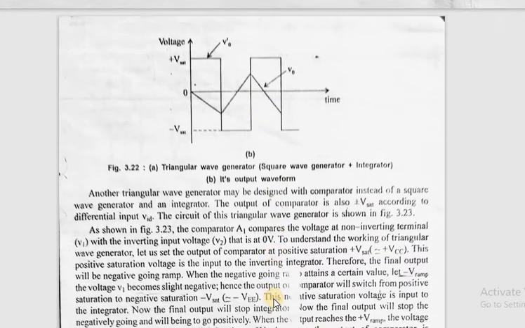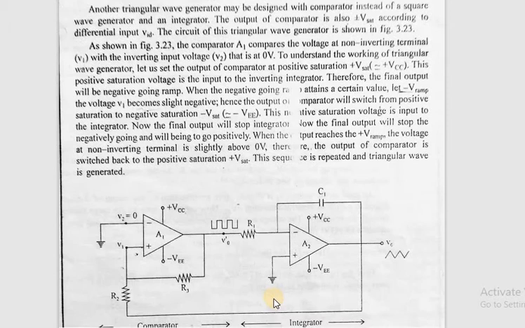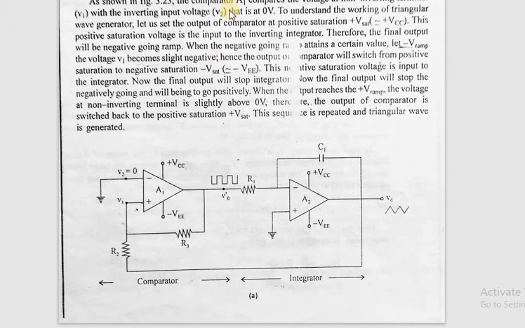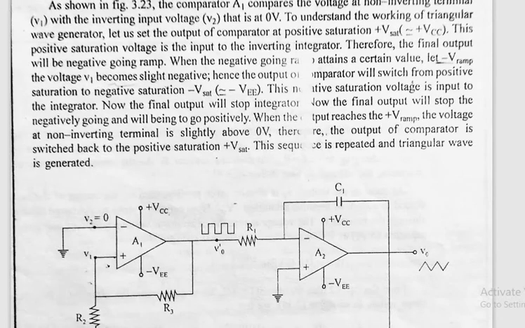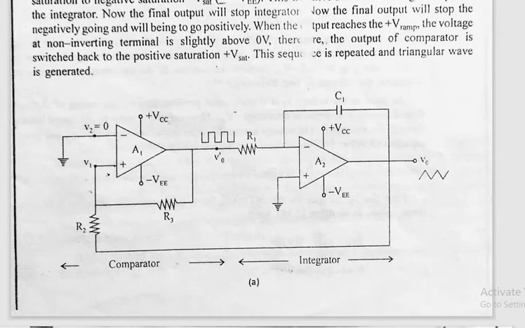Now this same thing can be obtained by using a comparator circuit also. See, this is the basic comparator circuit that we have already studied, and this is the integrator.